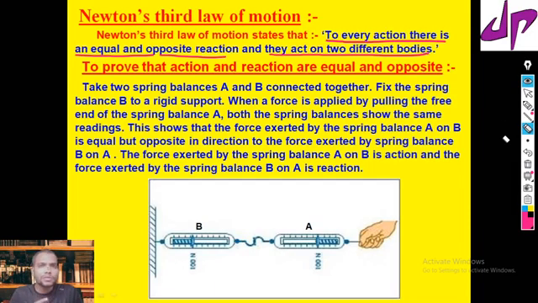For Newton's third law to happen, first we should have two different bodies, two different things. One thing will exert action and another thing will show reaction. So in a simple statement, for every action there is an equal and opposite reaction.